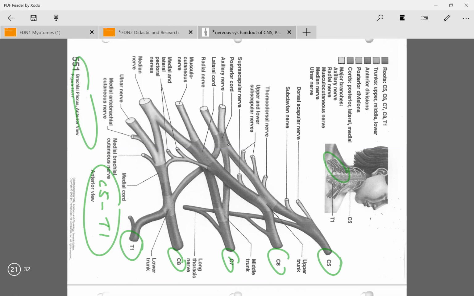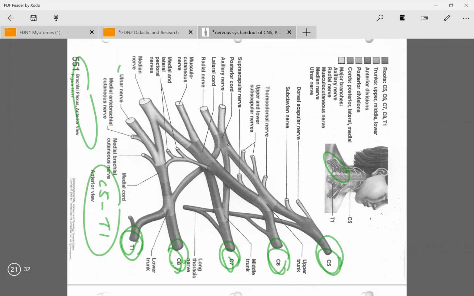Okay. All right. So the part that comes out of your spinal cord, that's the nerve root. And they give it a name, C5, C6, C7, C8, and T1. As you move away from the spinal cord, so you're traveling more distal, it's going to change names, okay?